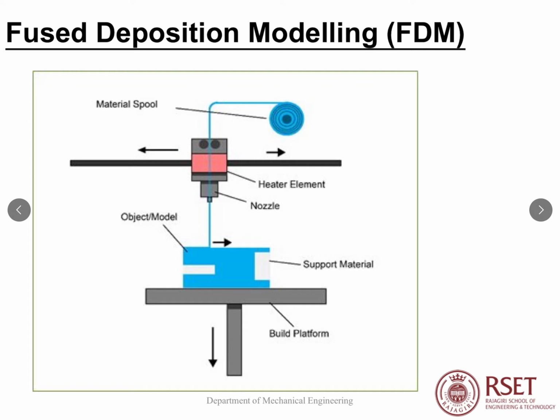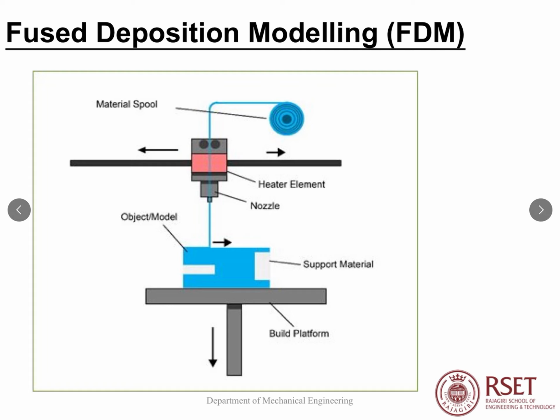Then we can see a spool of thermoplastic material which gets melted when it passes through this heater head, and this melted thermoplastic material passes through the nozzle.